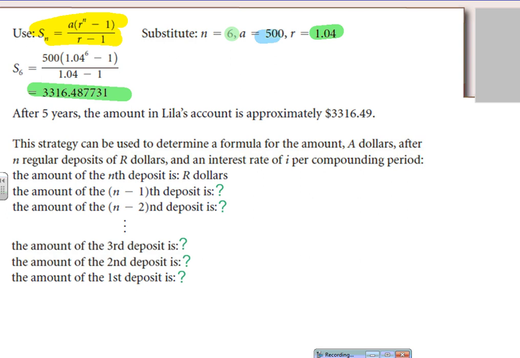So now if we look at each of those deposits, working just like we did with the $500, if we started at the 17th year, Lila's 17th birthday, that's the same as this n minus 1. It's 1 year before we're done. That deposit is going to compound for 1 year.